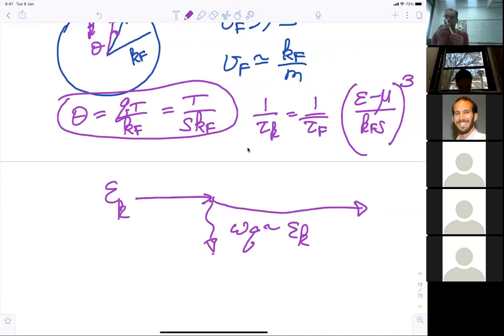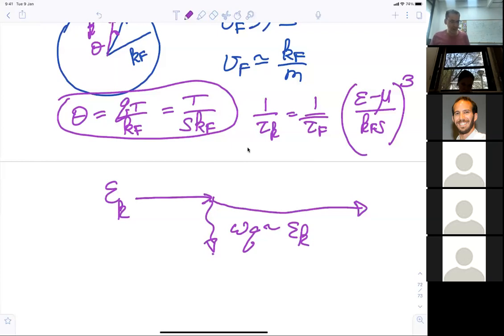The change of the momentum is quite small. So 1 over tau k is the time for a single collision in which it equilibrates with respect to the energy, but not with respect to momentum.